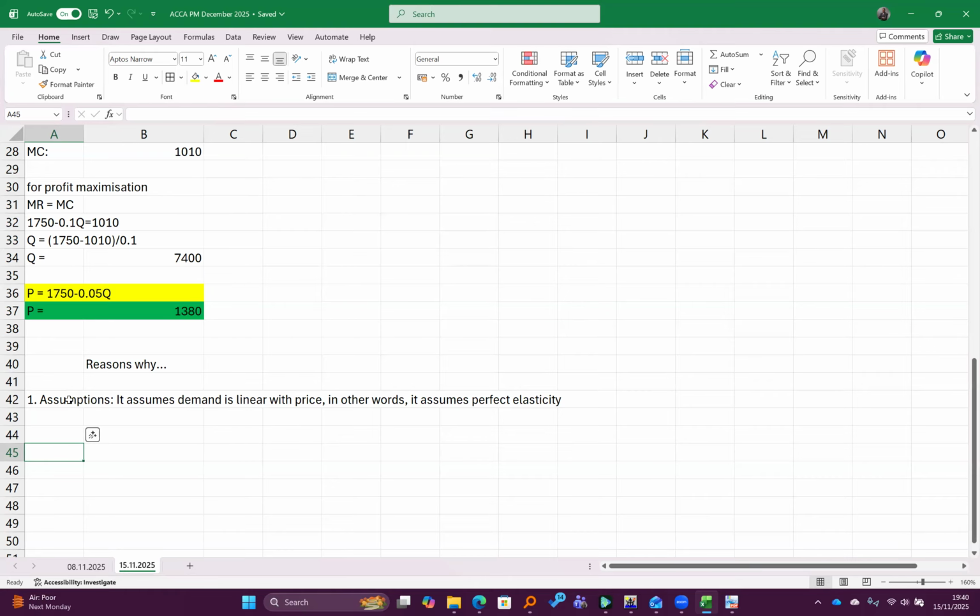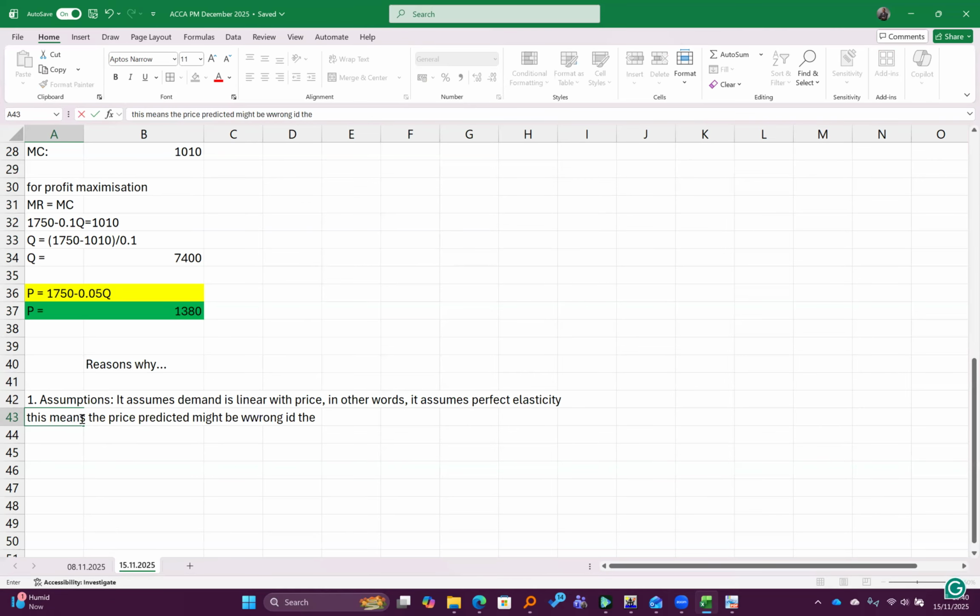Because of that, it means that you can predict a wrong price. This is not a reason in itself, but it means the price predicted might be wrong if the assumptions don't hold.